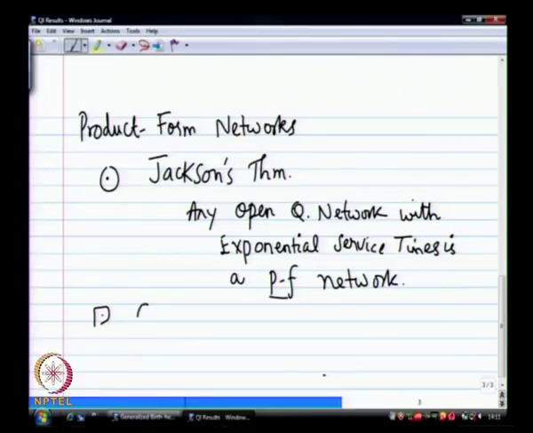And then there was another theorem by Gordon-Newell, and this can also be M server queues, open network. So it is not just M/M/1, it is also M/M/m, this applies; even Burke's applies to M/M/m, which we did not really talk about.